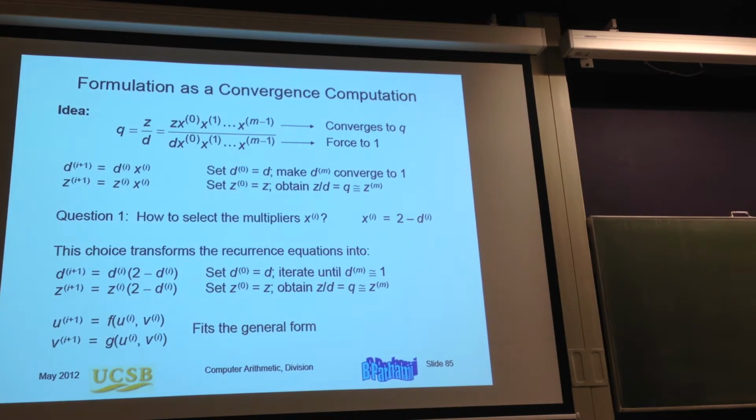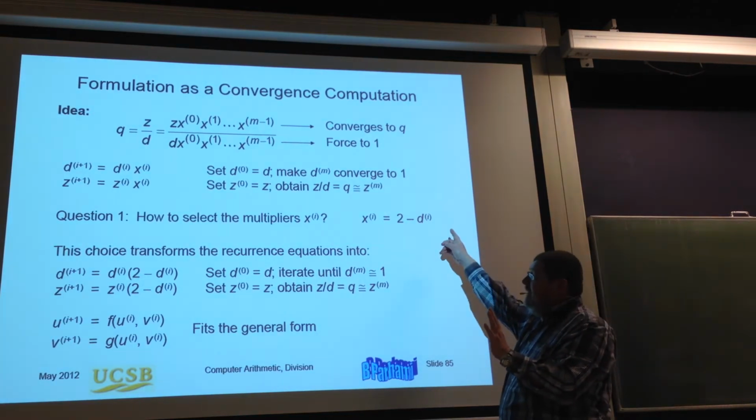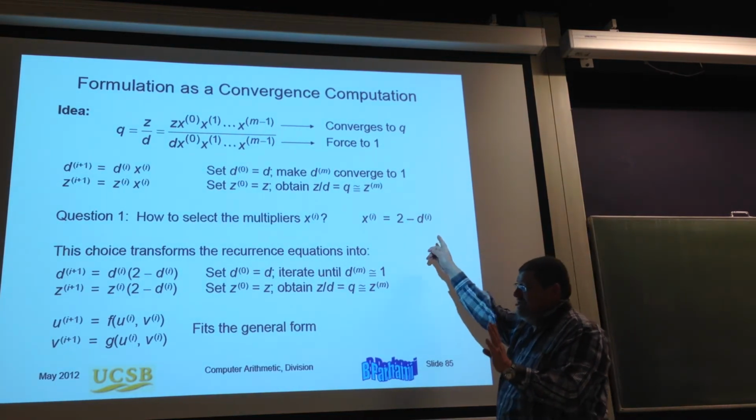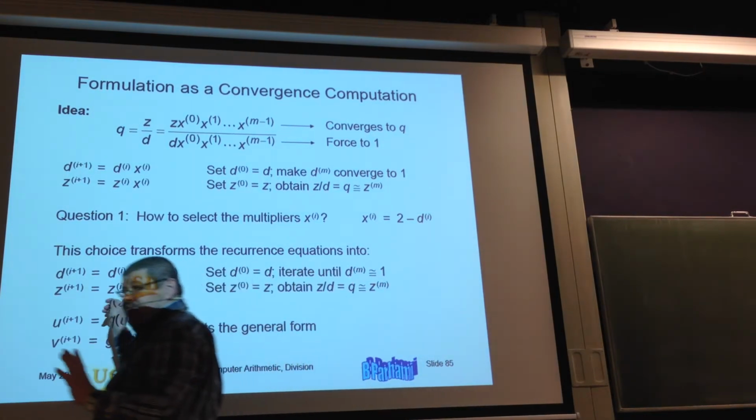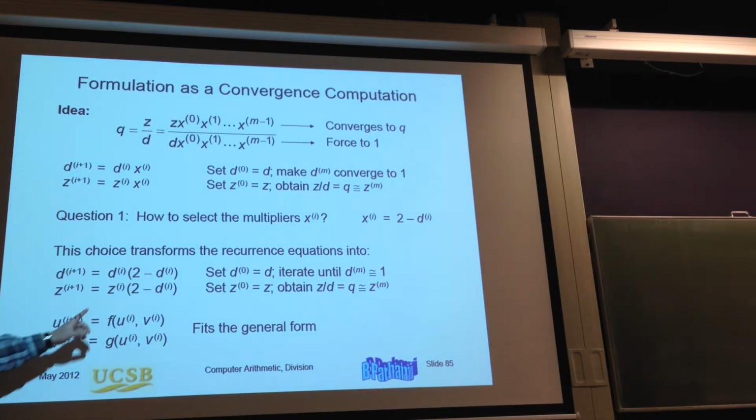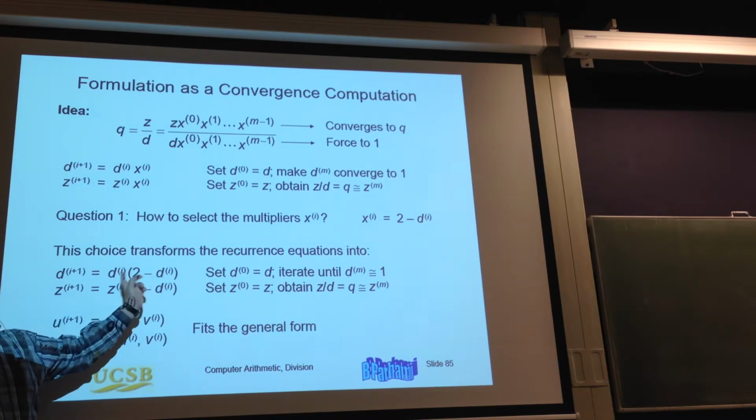Now, this is a choice for the multiplier xi, 2 minus di. Then, remember d, it's unknown. It's a fractional number. It's again normalized between 0.5 and 1. Then if I choose those, then at each and every iteration, I will have to do 2 multiplications, essentially. 2 minus di, it's actually for free.